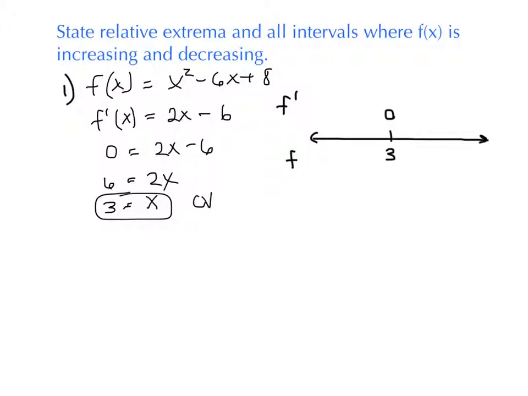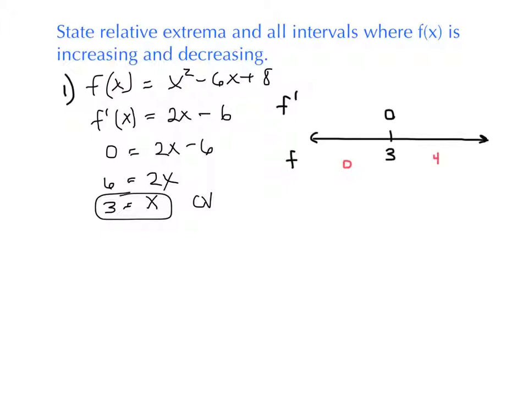All right, so next, we need to go ahead and test values into f prime of x. What does that mean? What's that all about? All right, well, what we want to do is test values to the left and to the right of our critical value. So we could test a value, anything that is smaller than 3, so we could test like a 0, and anything that is greater than 3, so we could test like a 4.